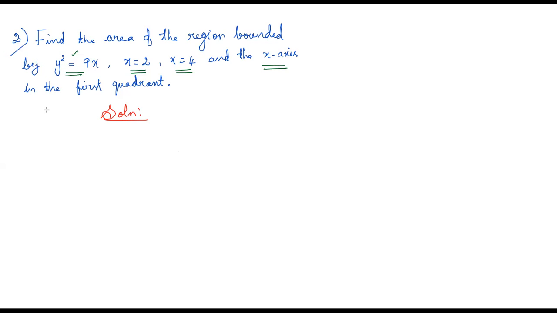Okay, so you know how to find out the curve is a parabola, and you know how to check whether it opens right or left or up or down, or is symmetric about the x-axis or y-axis. All these you have learned in grade 11, and you have to directly just draw it. That's all. So you draw the graph, x-axis and y-axis, and then proceed with marking it all.